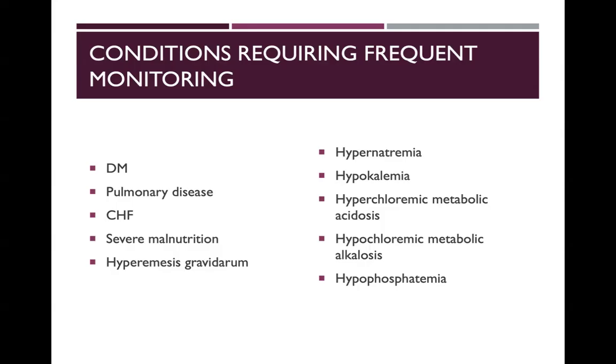The right side of the screen has a lot of electrolyte abnormalities that you can imagine. They can be low or high based on how much you are providing. So it makes sense that if you are having these problems at baseline, then you're at risk of having worse problems after receiving parenteral nutrition.